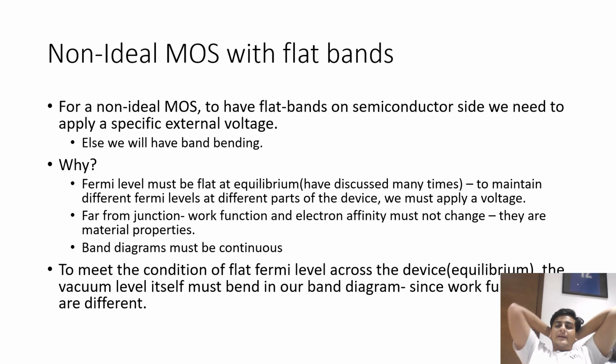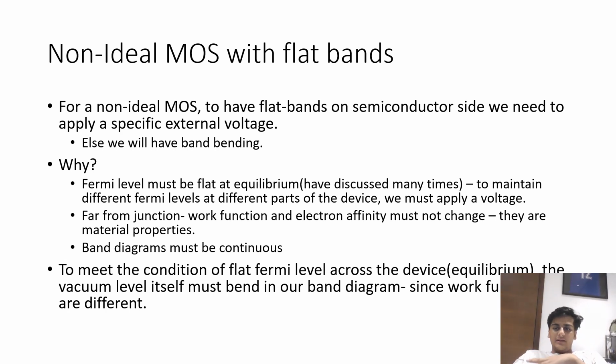Now, given that it is different, you have two options. Either you can have the Fermi level equal in the metal as well as in the semiconductor, and to accommodate for the fact that the work function is different, your vacuum level needs to bend across the device, which I will come to in how that bending actually looks.